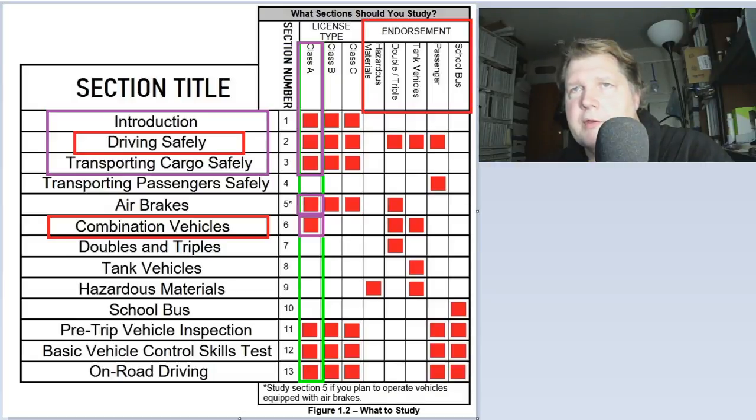You would need this hazardous material endorsement. And you would also need this tank vehicle endorsement right here. Maybe I should change that out with a different color. So, if you're transporting gasoline, you need hazardous materials. You need tank vehicles.